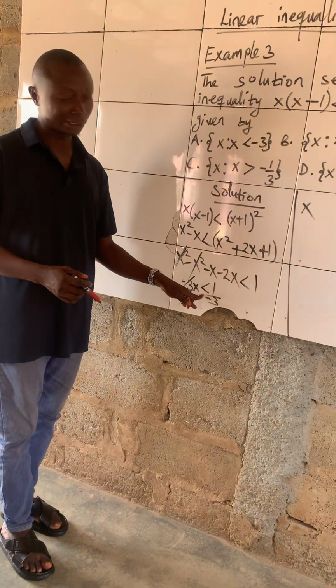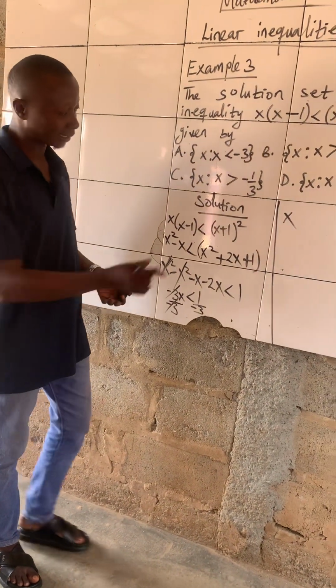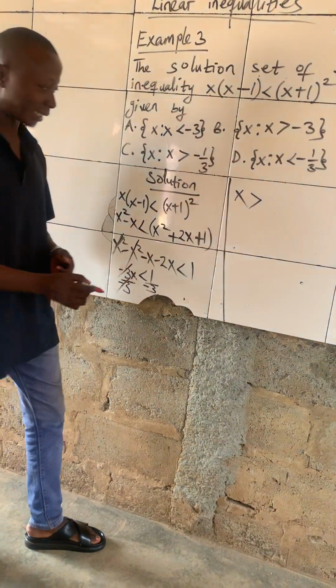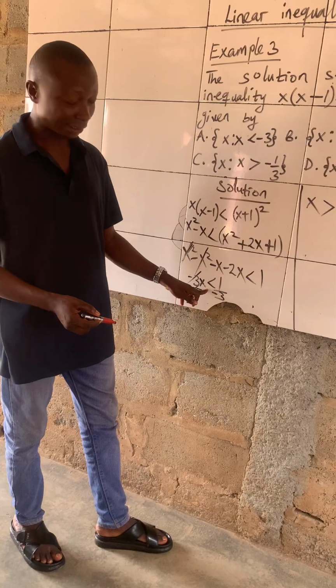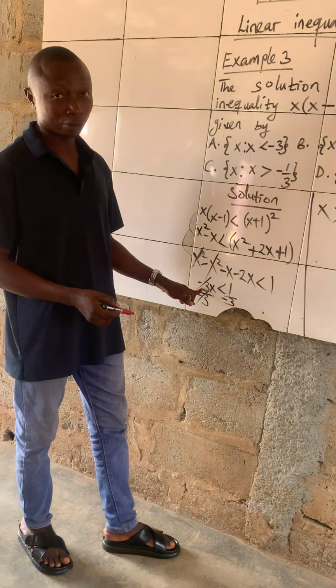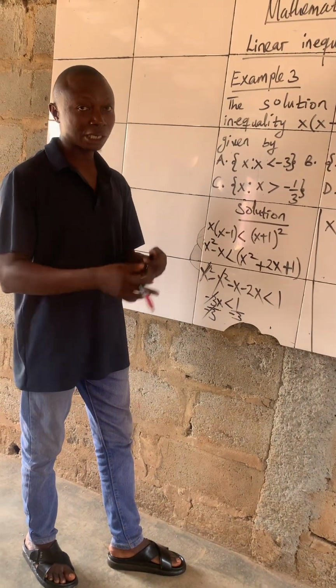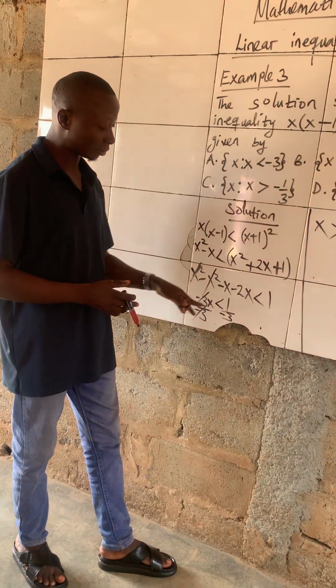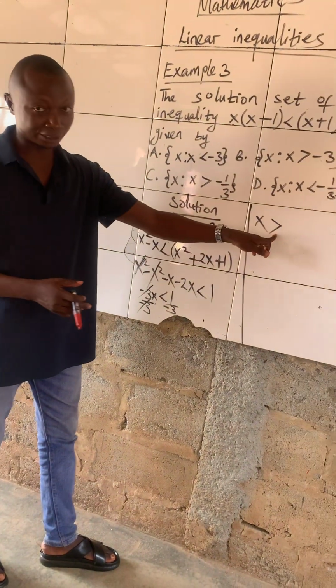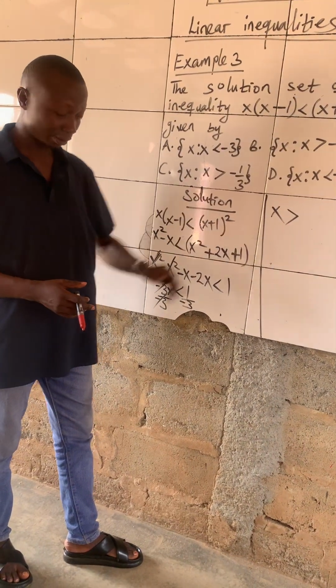The given inequality here is less than, so when reversed it becomes greater than. The condition necessitating the reversal is the negative coefficient. If it was positive, I would not have reversed. Are we clear now? Good.